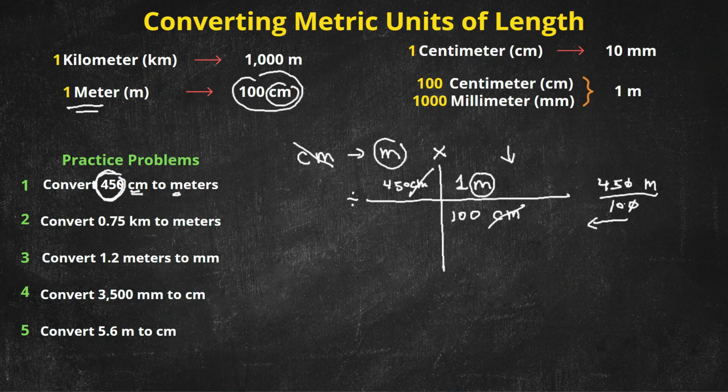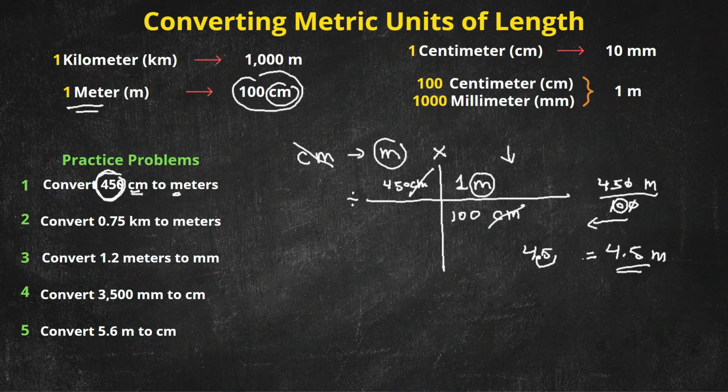How many times? Well, you only have 1 zero, so you move 1 unit towards the left. So basically, your decimal point is here. You don't know it, but it's over there. So we move 1 unit towards the left because we are dividing. So 450 centimeters will be equal to 4.5 meters. So this is your answer.